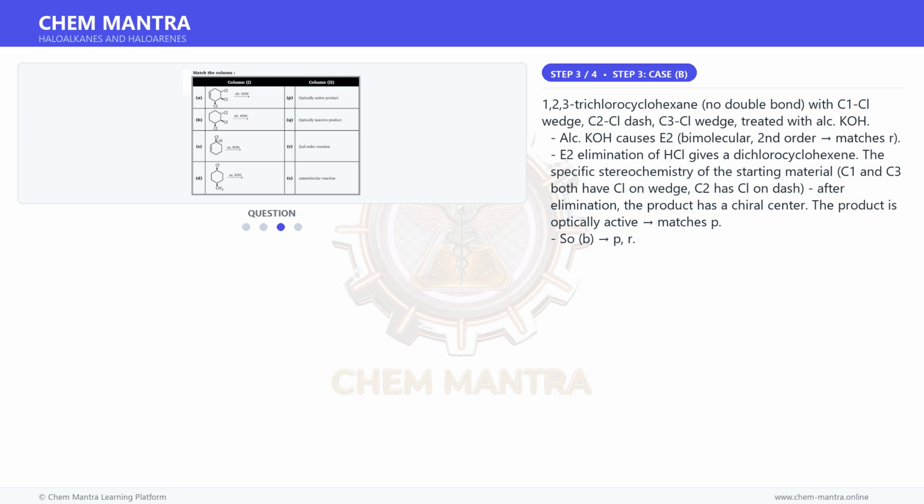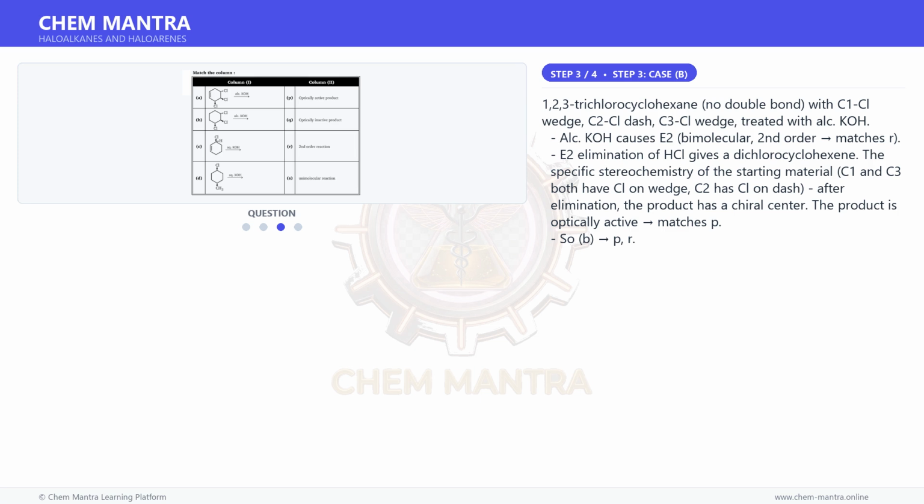Moving on to the next step. 1,2,3-trichlorocyclohexane, no double bond, with C1 Cl wedge, C2 Cl dash, C3 Cl wedge, is treated with alcoholic KOH. Alcoholic KOH causes E2, bimolecular, second order, matches R. E2 elimination of HCl gives a dichlorocyclohexene.